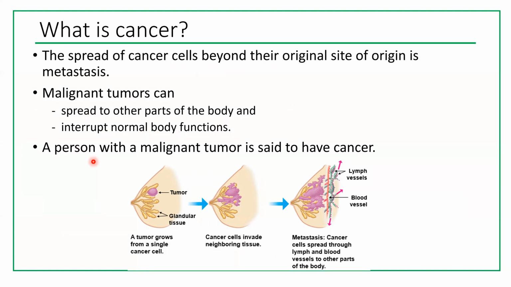A person with malignant tumor is said to have cancer. So over here you also see the tumor growing, that's a breast cancer. And it starts invading the neighboring tissue, and it even can travel through blood or lymph system to other organs, right? So that's a metastasis already of the cancer.